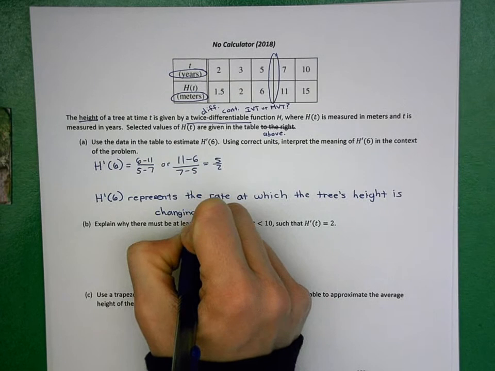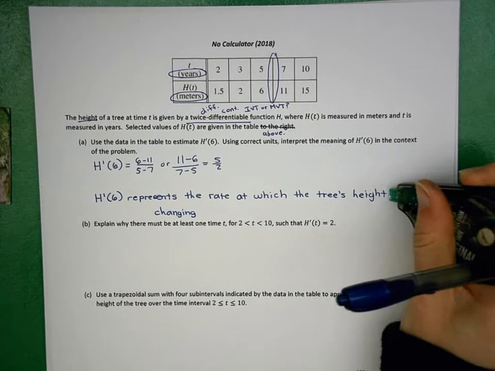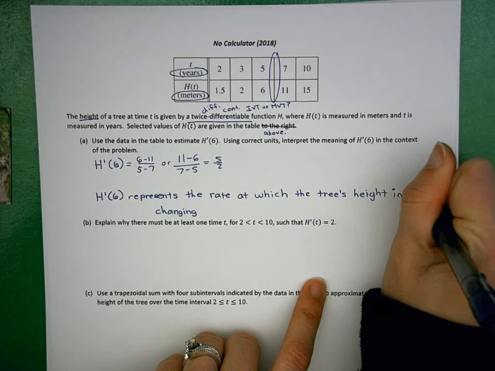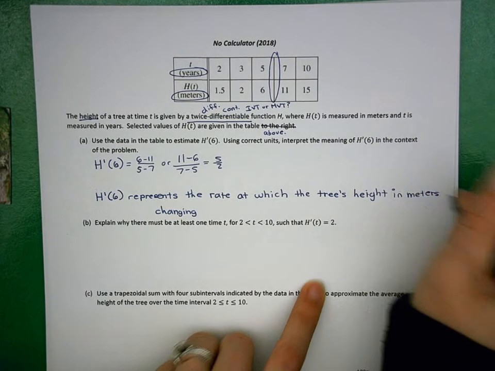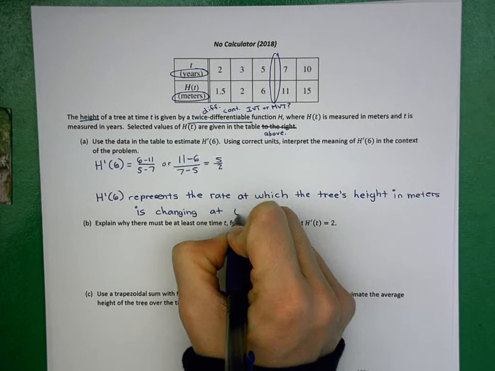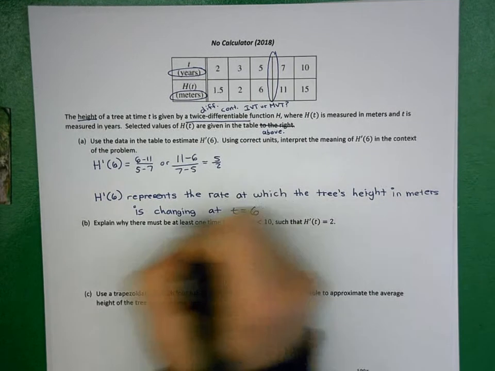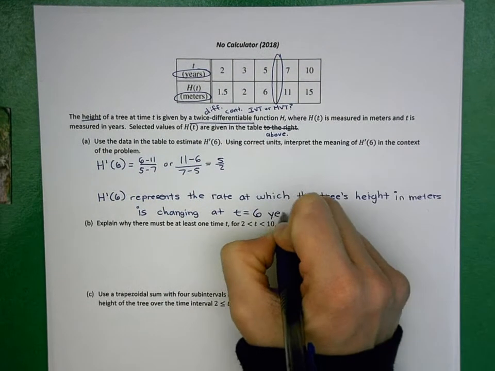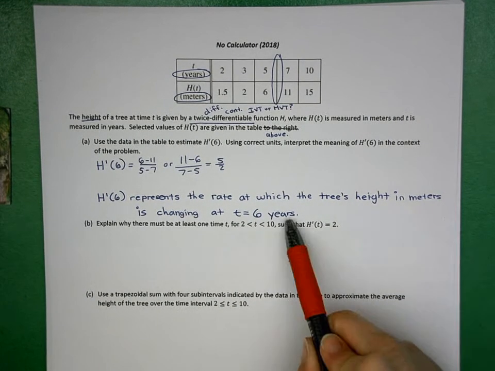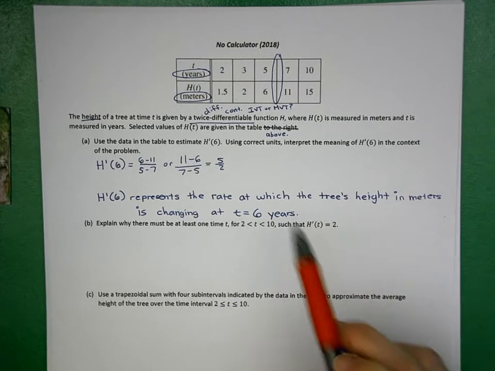Oh, and I'm going to throw in my units here. Height in, because we know units, in meters. In meters is changing at, and then t equals 6 years. Okay. Remember, with explanations, always make sure you use units, so the meters and the years, to describe what you're doing, and include the time elements.